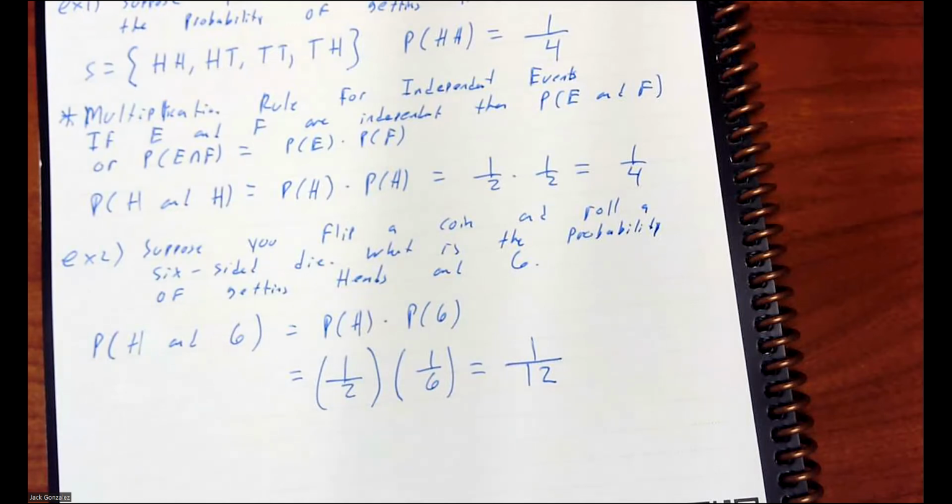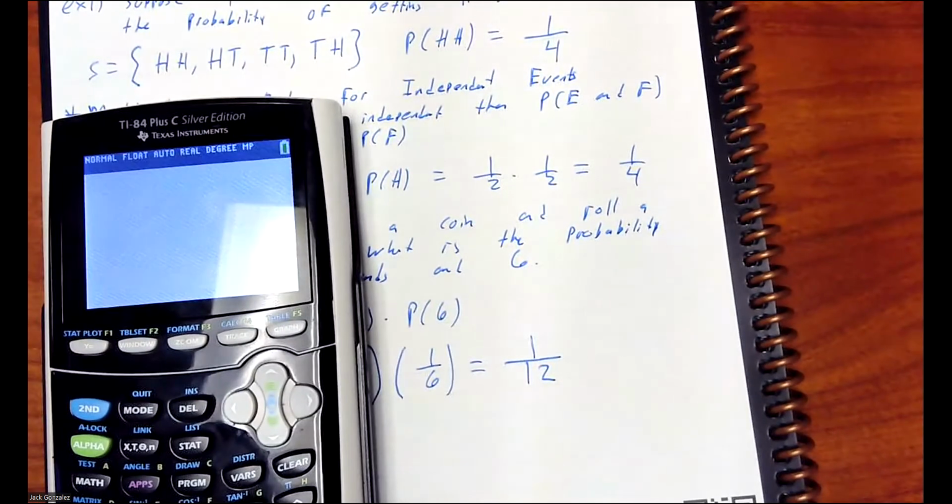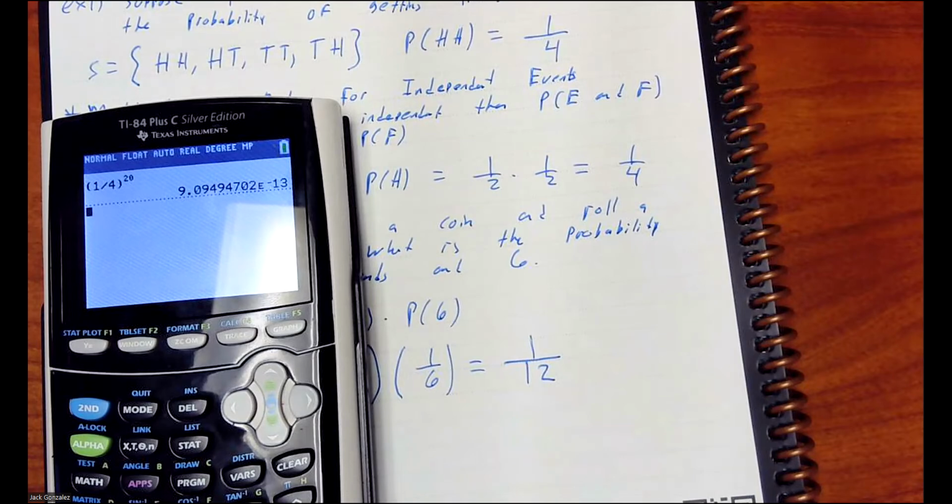If you have 20 questions, it'd be 1 out of 4 raised to the 20th power. I don't know what that is. So just for fun, let's pretend you have 20 questions and you guess A, B, C, D, the whole way down. The chance of getting 100% would be this: 13 zeros in front of the 9.